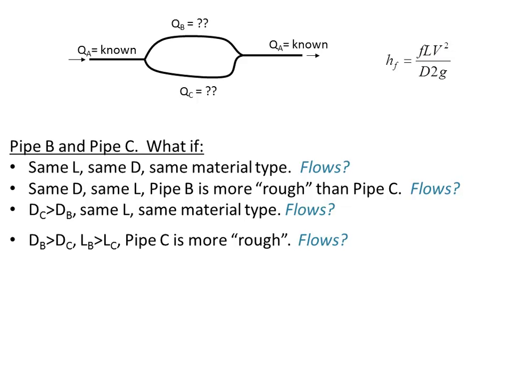Okay, now what about if pipe B has a bigger diameter than C, but it's longer. We haven't talked about pipe length yet. A longer pipe is going to have more resistance, right? So pipe B has a bigger diameter, which would mean less resistance, but now it's got a longer pipe, which means more resistance. C is more rough than B. So what are the flow rates going to be here?